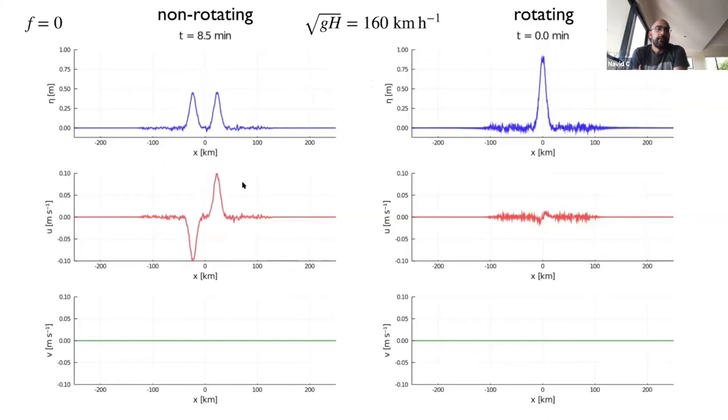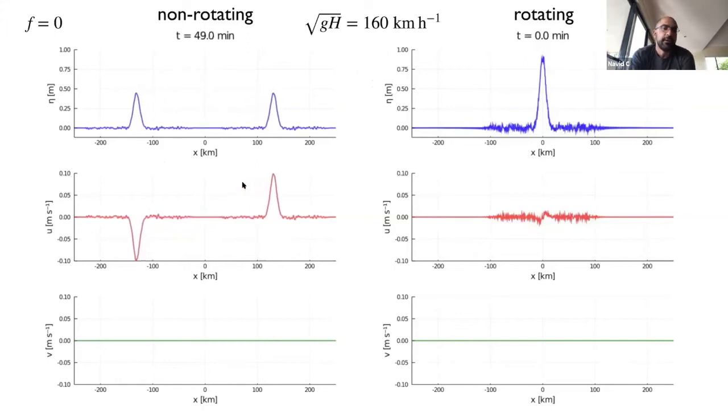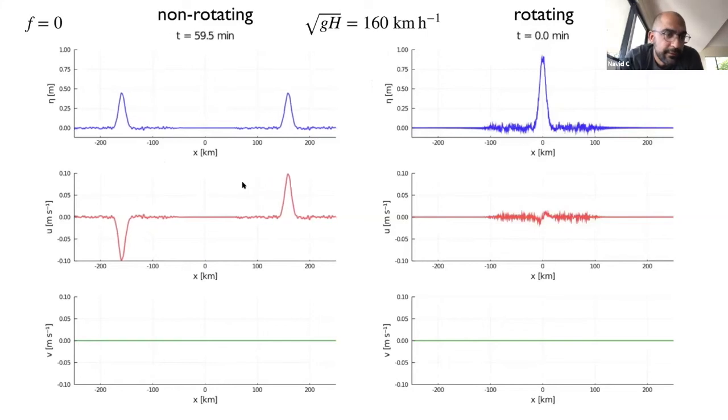Indeed, when you let the system evolve, you see that all these waves, small scale waves and large scale waves, move symmetrically to the left and right with this speed. And after a long time, everything has moved away, and there is silence in the pond again.